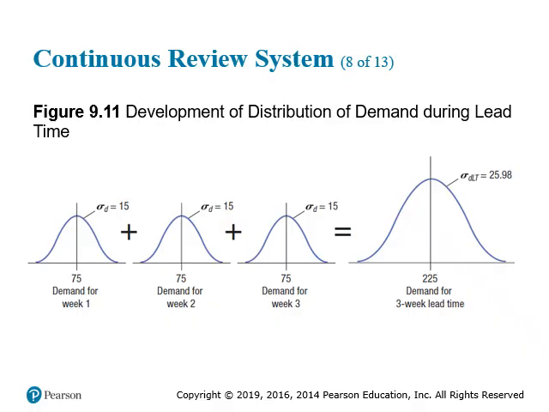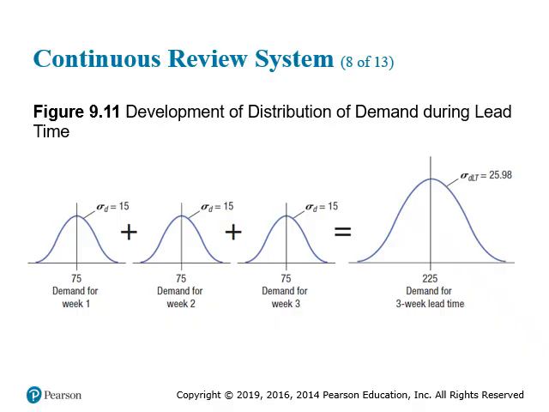So here we've got an example where the weekly standard deviation is 15, and the weekly demand is 75. So on a distribution of 3 weeks' demand, we would expect to sell 225.